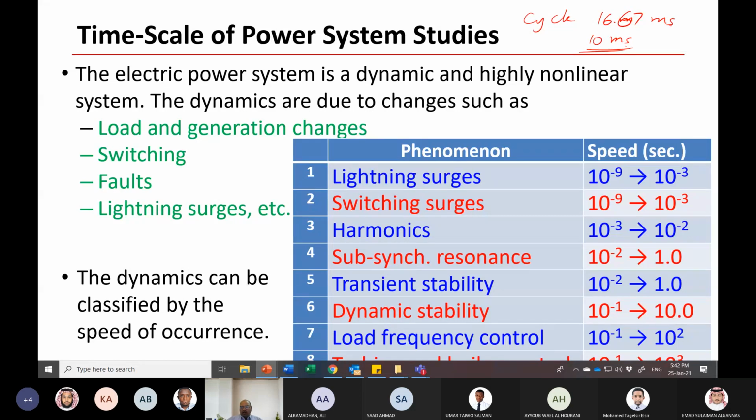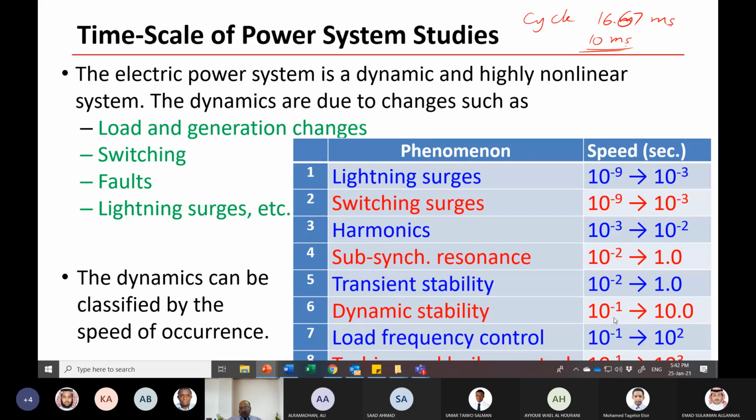What is the performance of the power system? We can judge whether the system will be stable or not if we study the response in this time frame for transient stability, up to 1 second, up to 60 cycles.